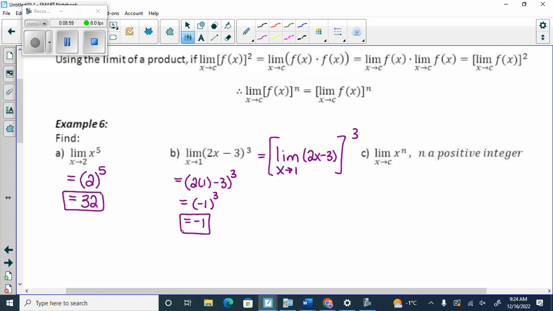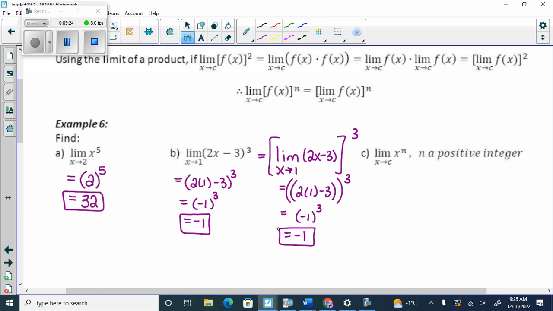Well, this one I would plug the 1 in, so I get 2 times 1 minus 3, all to the 3. Negative 1 cubed is negative 1. So it does work, at least for that example. But the theorem up top tells you it works forever.